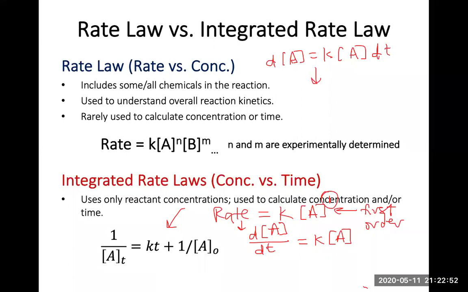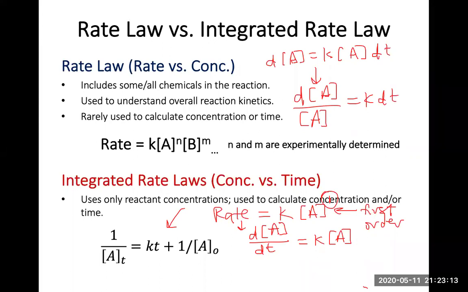My next step is d[A] over [A], and that's going to equal k times dt.